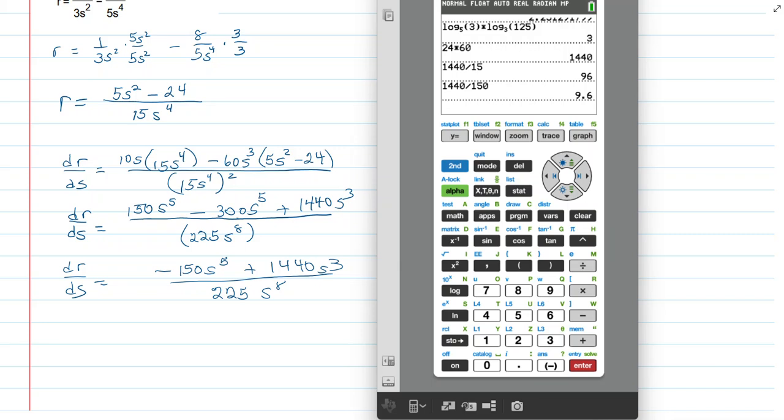I'll do 15 first and then figure out. Sometimes the leading coefficient of negative is removed, but it doesn't matter if you take it or not. So I'm going to say 15 S to the 3rd, and I said this was 96.